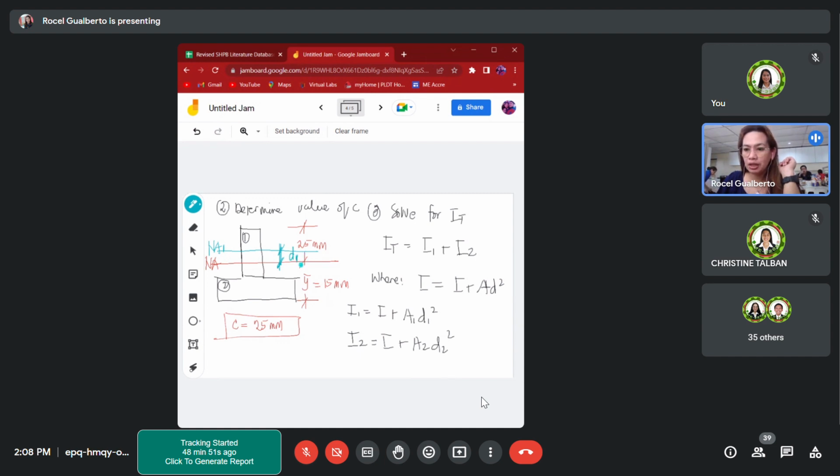Yan po yung D1. At halimbawa naman po, ito po yung neutral axis 2. Yung distance naman po ng neutral axis 2 to the neutral axis ng buo, that will be your D2.